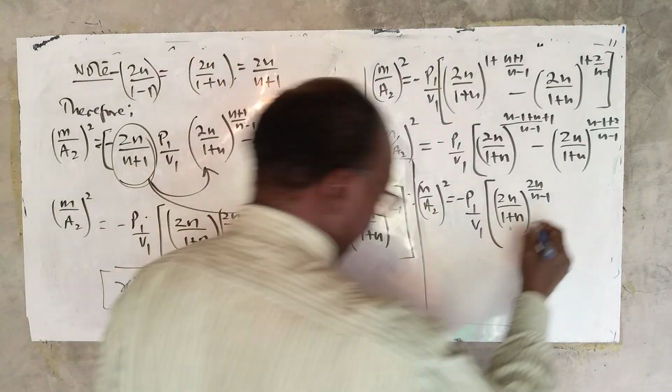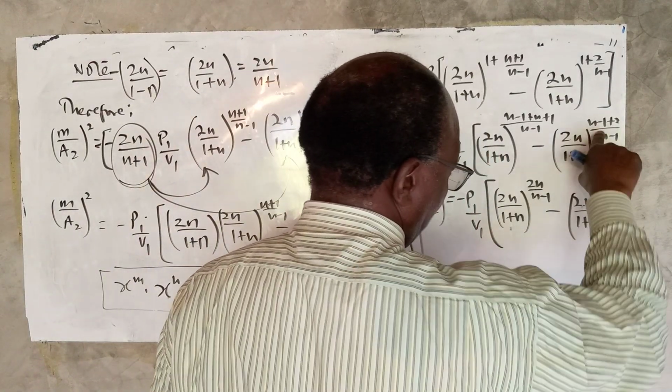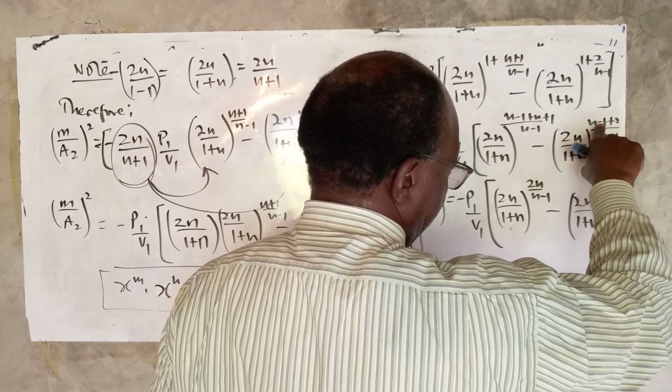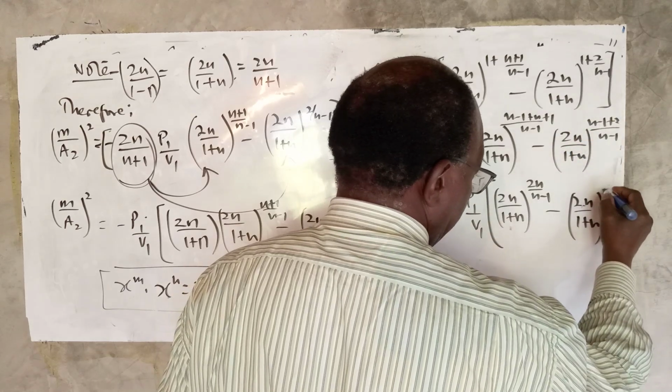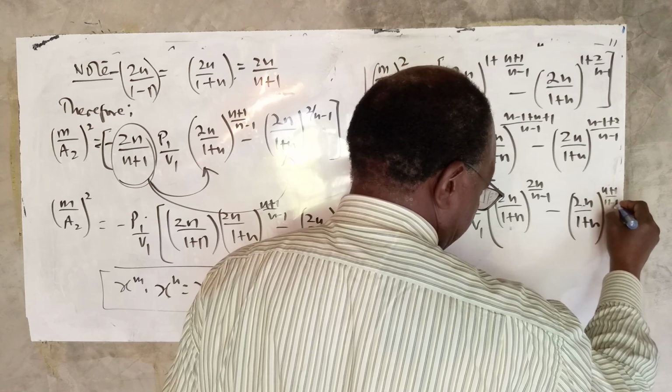And the other quantity there, when we simplify again, will be 1 plus n, that will be n minus 1 plus 2, so will be n plus 1 over n minus 1.